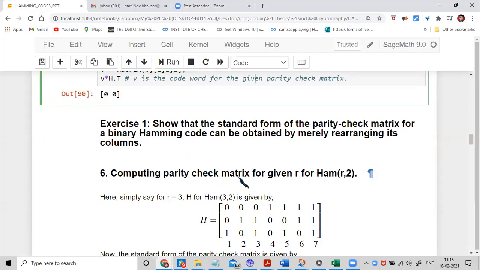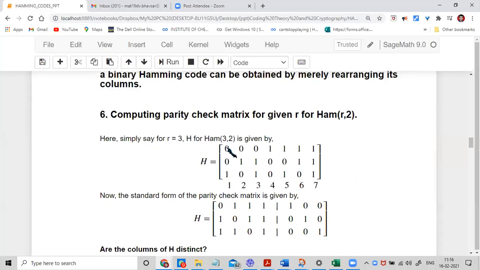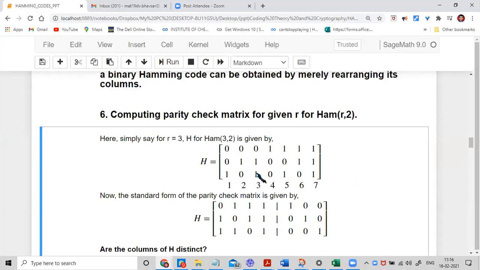So computing the parity check matrix for the given R, now my Ham(3,2). The parity check matrix I'm taking here: first, I'm finding the non-zero binary length 3 codes.